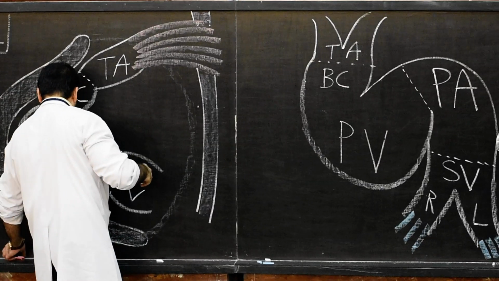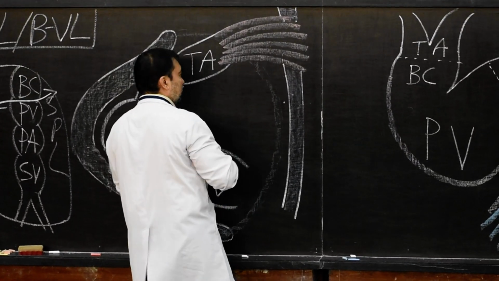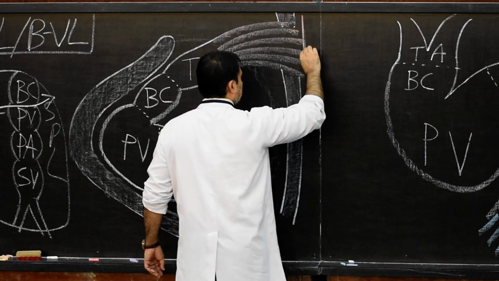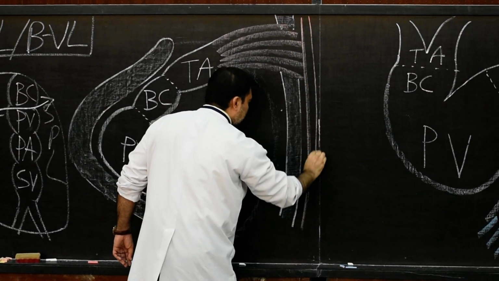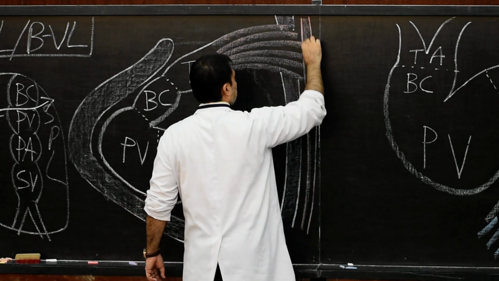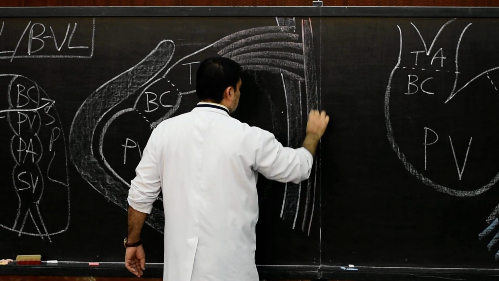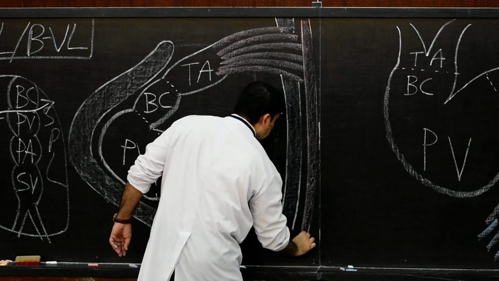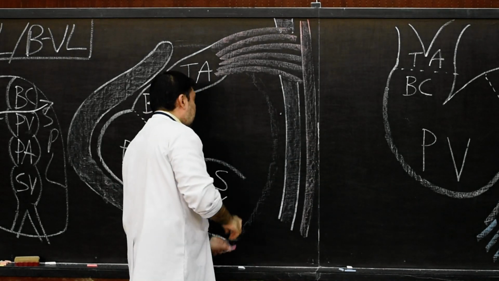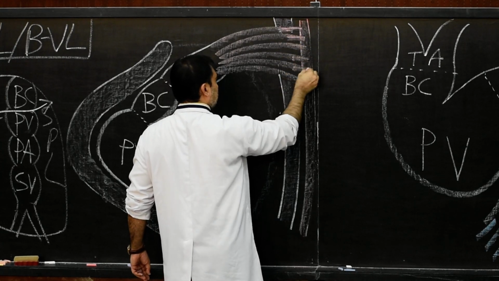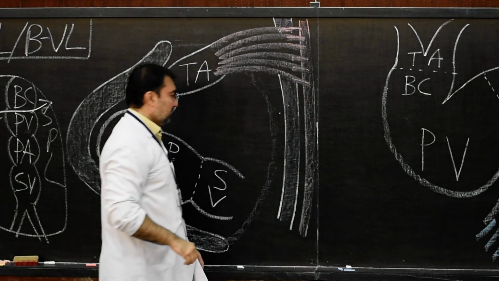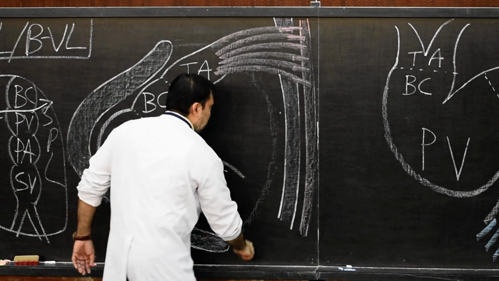Where will they communicate? Dorsally, they will communicate to this structure. And what is this structure? This structure is the dorsal aorta. So therefore here I draw the entire dorsal aorta, and these arterial arches will communicate with the dorsal aorta.